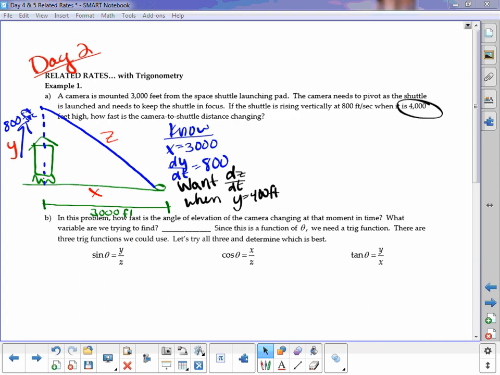Feel free to work with the person next to you. And feel free to use your calculator. Do we need a calculator for this one? You don't really need it, but you can use your calculator if you like. Again, you're welcome to talk to one another.